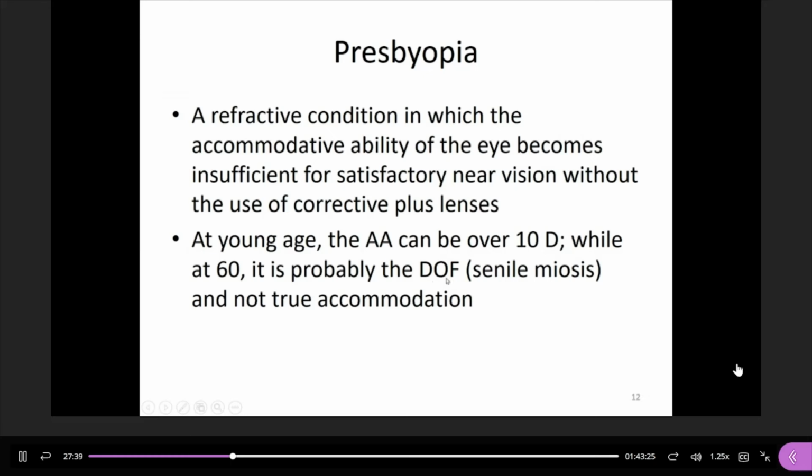DOF is the depth of focus, meaning that usually in the elderly the pupil is constricted, and that's why we have this term, senile miosis. That means the pupil size is usually reduced in the elderly.